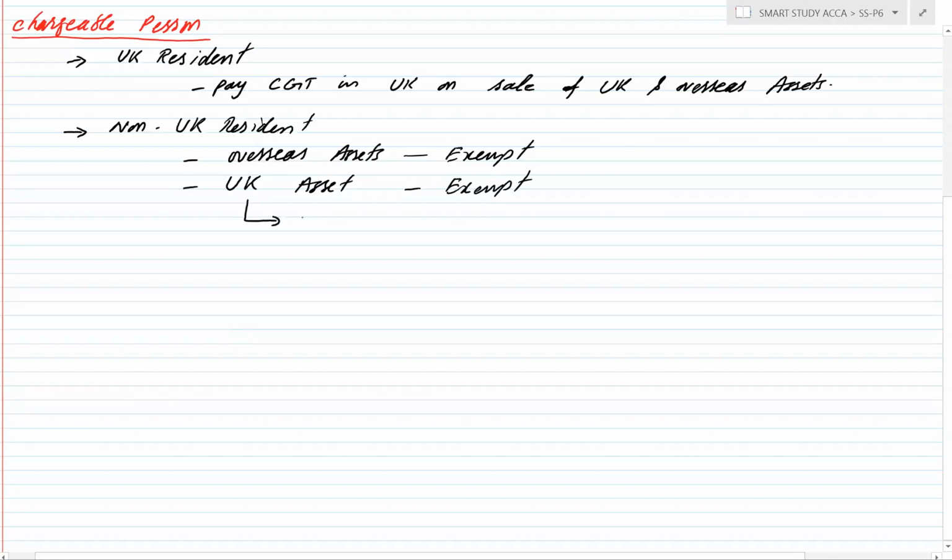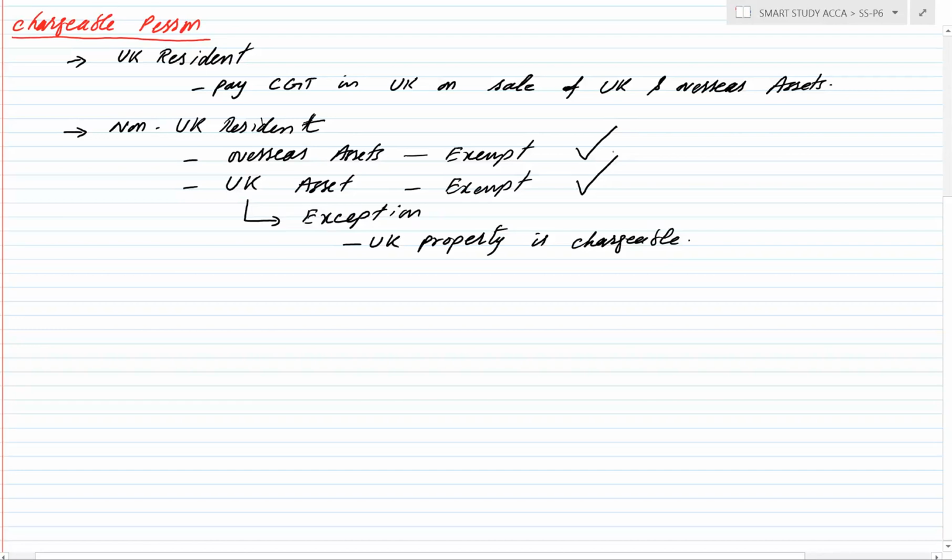But there is an exception for UK assets. That is UK property. So if a person is not UK resident, he's not going to pay any tax on overseas assets. He's not going to pay any tax on UK assets except UK residential property.